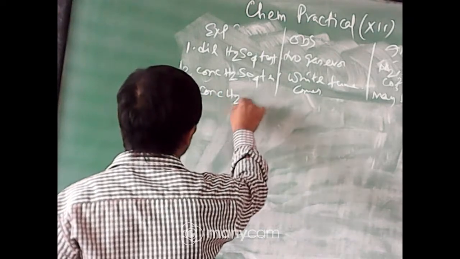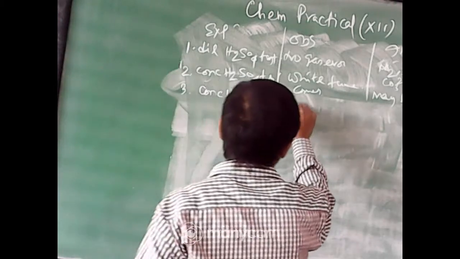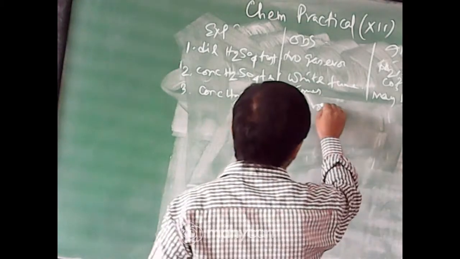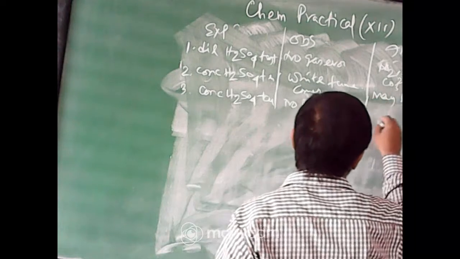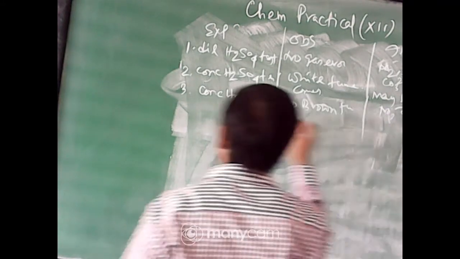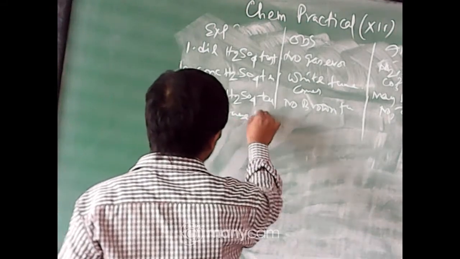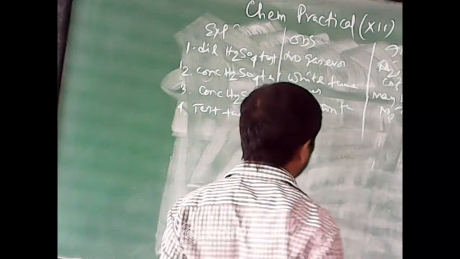Number 3, concentrated H2SO4 plus copper turning. No brown fume, that means NO3 minus absent. Number 4, test tube heating. What gives a positive response?